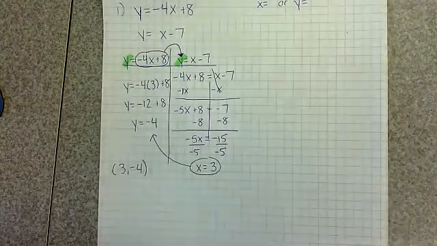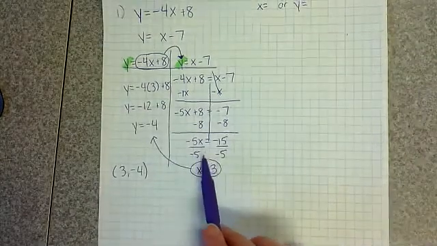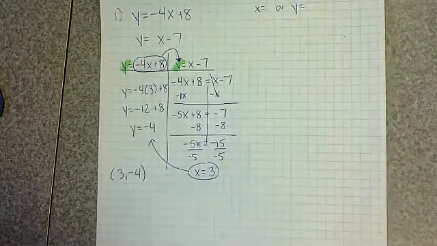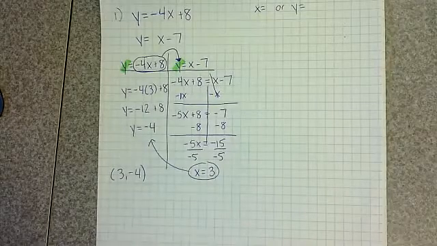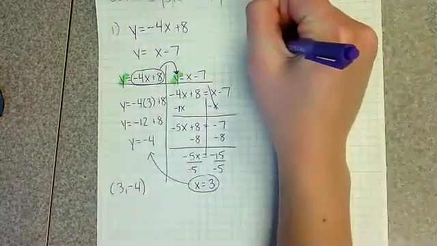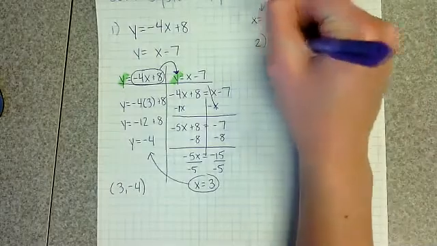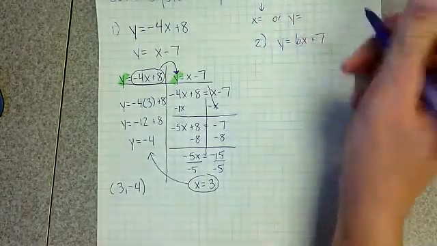Any questions on the first one before we take a look at a second one? Let's try another one then. y equals 6x plus 7.